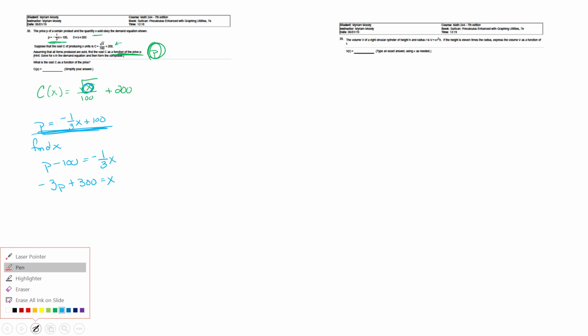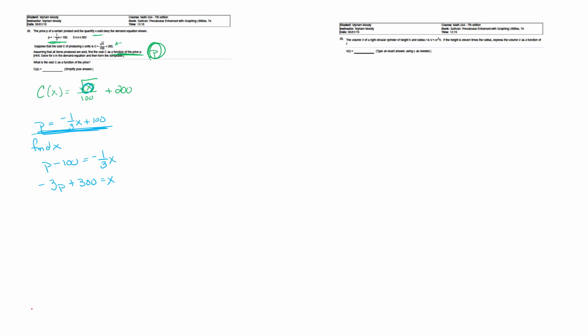So, let's rearrange it. We need to find X. I subtract 100 from both sides. I multiply by negative 3 on both sides. And now I know what X is. So, here's the deal.